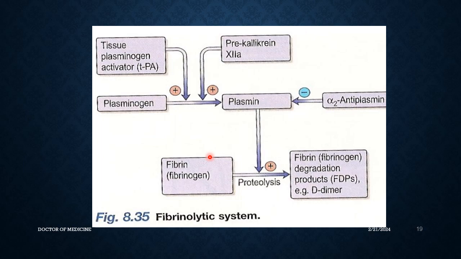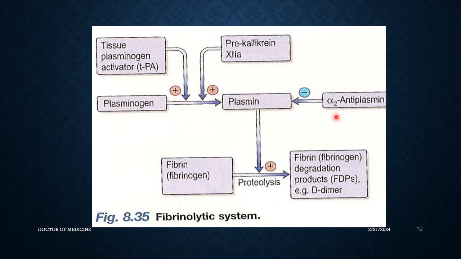This here is just a summary of the fibrinolytic system. You have your tissue plasminogen activator. It activates the conversion of plasminogen into plasmin. We also need prekallikrein and activated factor 12; they convert plasminogen into plasmin. What factors will inhibit this?